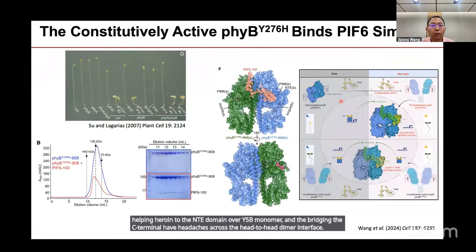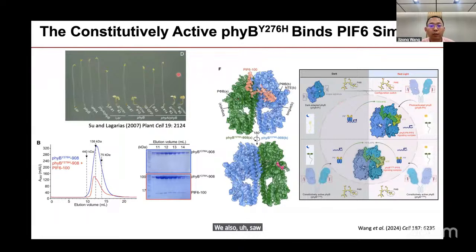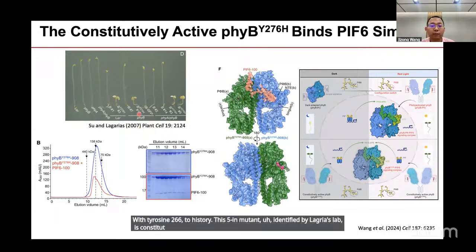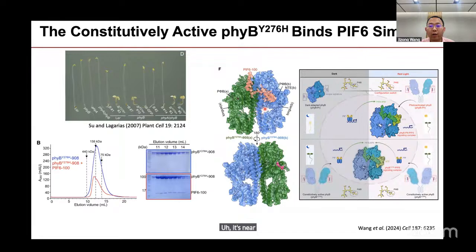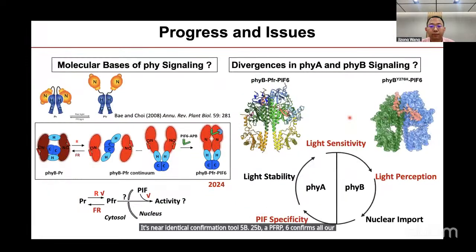We also solved the structure of a PIF6 bound phyB mutant with tyrosine 276 to histidine. This phyB mutant identified by Lagarias' lab is constitutively active and exhibits light green phenotypes in the darkness. Its near identical conformation to phyB Pfr PIF6 confirms all our previous conclusions.